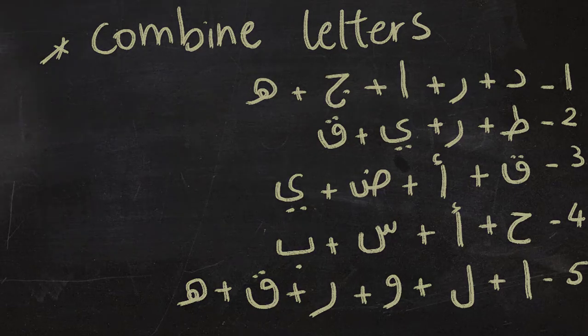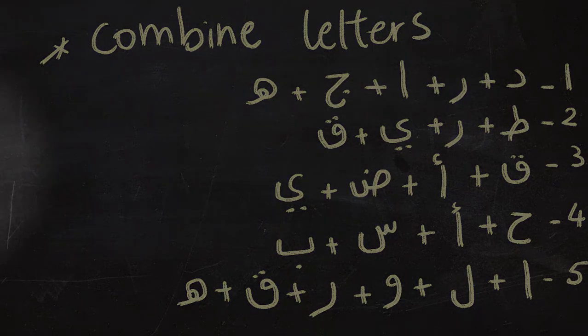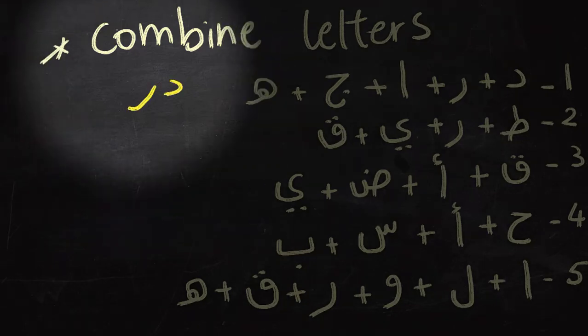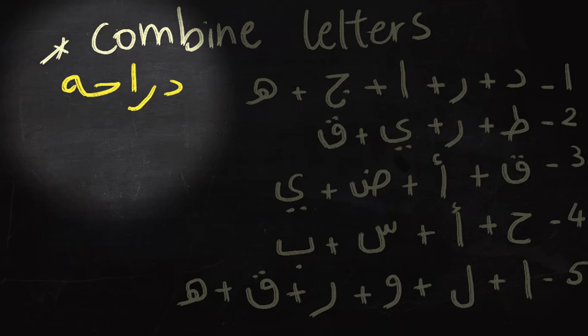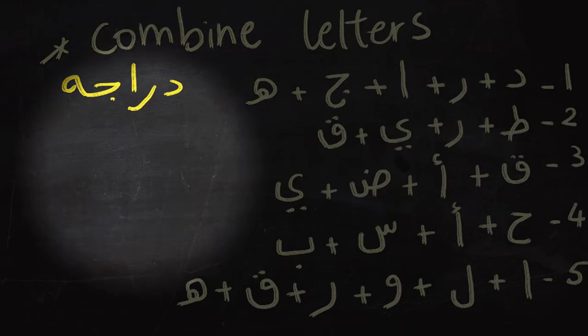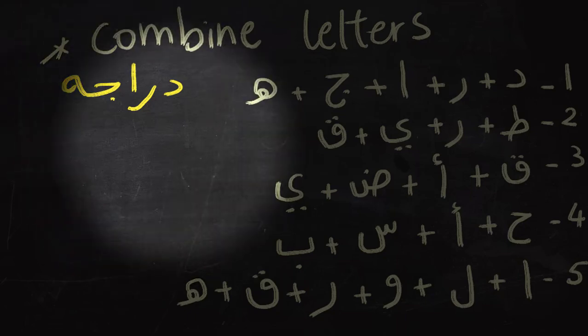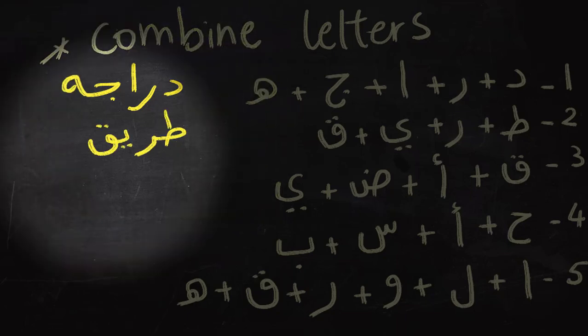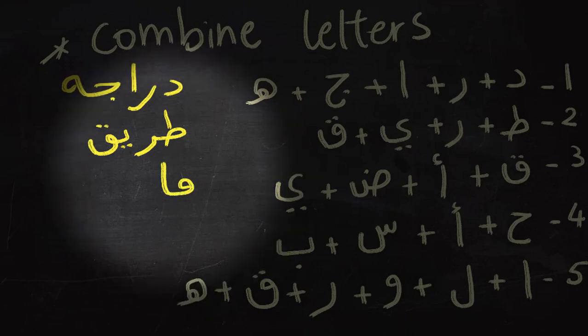Alright, so the answers are as follows. First word is Darraja, means a bicycle. Next is Tariq. Next is Qadi.